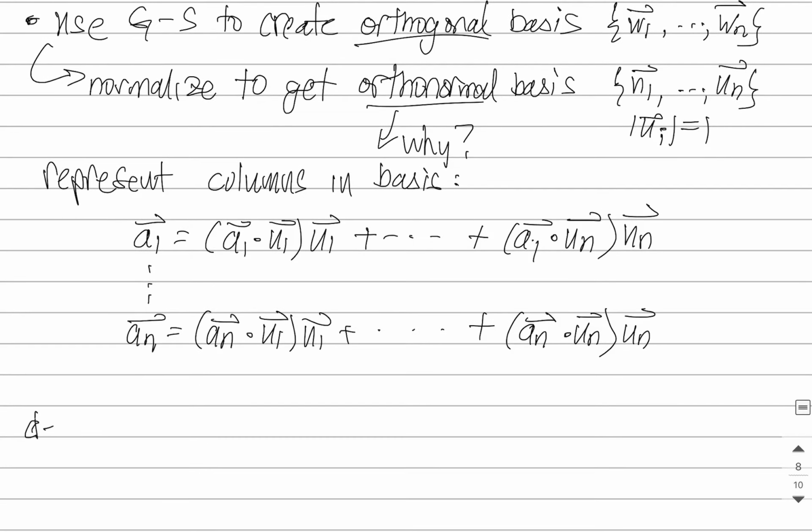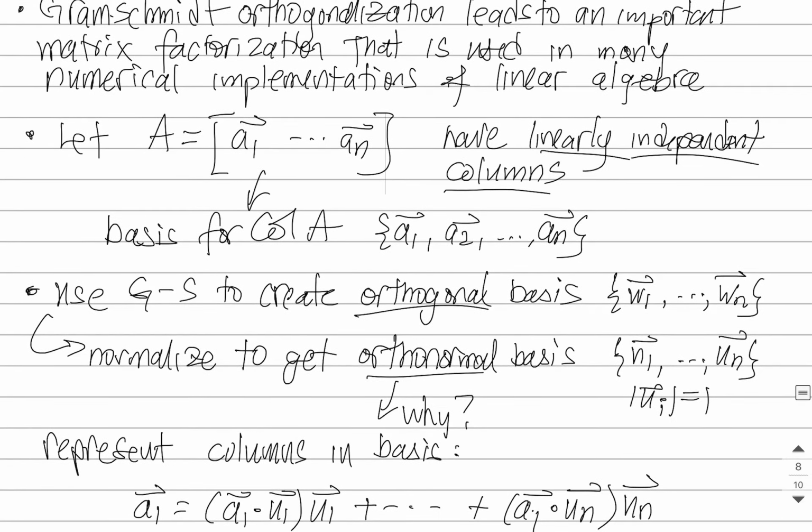Now, we're going to put this all together in matrix form. We're going to define a matrix Q that takes all of those basis vectors and puts them in as columns. This matrix isn't necessarily square. At the beginning here, I never told you what the dimensions of A were, but let's say that each one of these column vectors lives in Rm.